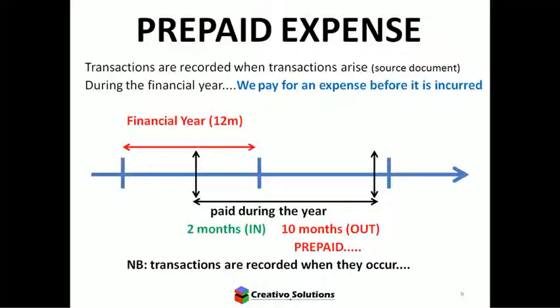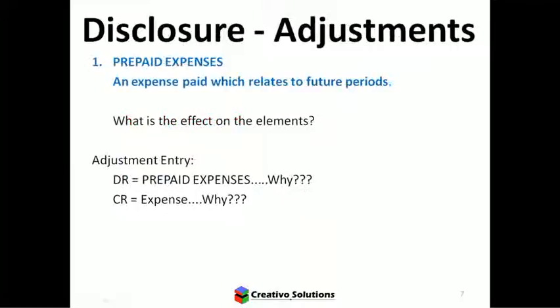Important, transactions are recorded when they occur, and we need to then understand what the actual account is that we're going to be creating. So we know the definition of a prepaid expense is an expense paid which relates to future periods. So if I'm paying something today, but I'm only going to be using it in the future, what is the effect on the elements? Well, there are 6 to choose from. If we think about it carefully, we know the expense relates to a future period.